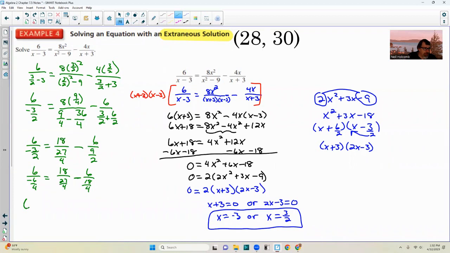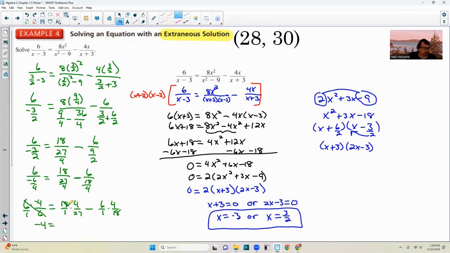So this is going to become 6 times 4, negative 4 over 6, right? You multiply by the reciprocal, right? 6 over 1 times 4 over 6, negative. And that has to equal 18 over 1 times 4 over 27 minus 6 over 1 times 4 over 18. This is going to cancel, leaving me with negative 4.